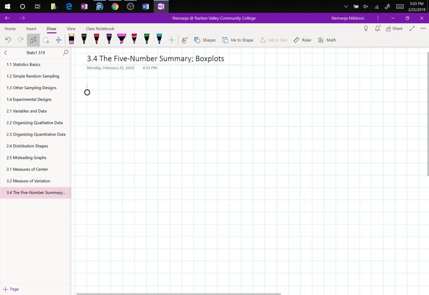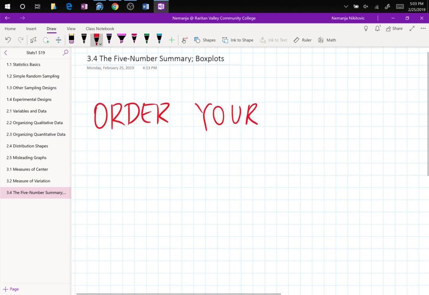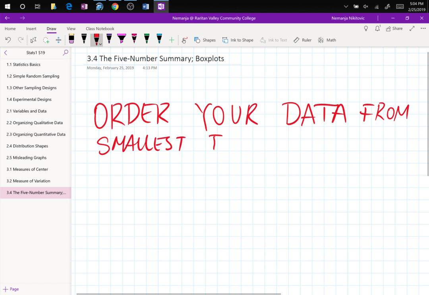Before we do anything in this section, we have to write something in blood, and that is: order your data from smallest to largest.